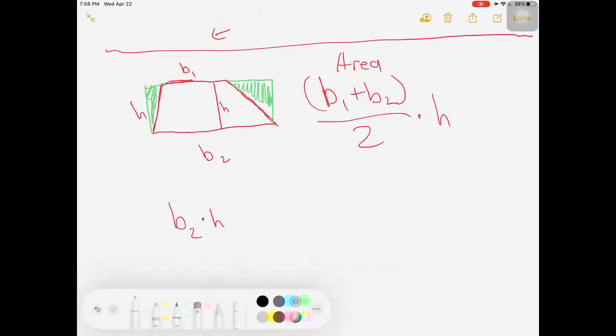So if we imagine this length is x and this length is y, we have that x plus y is just equal to b2 minus b1.